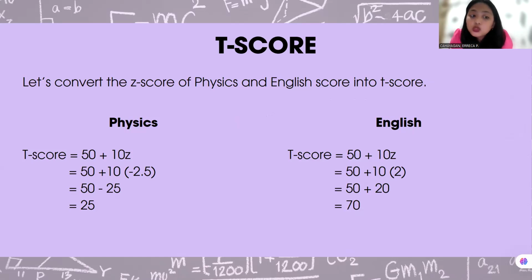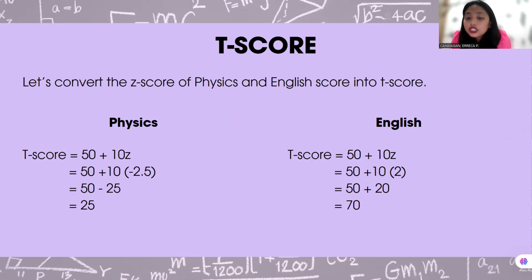So 50 minus 25 is 25. If you input 50 plus 10 times negative 2.5, you can always get 25 in your scientific calculator.